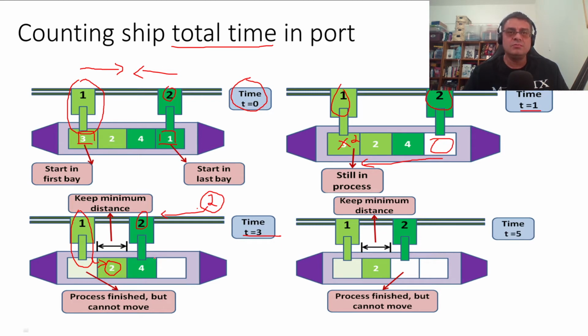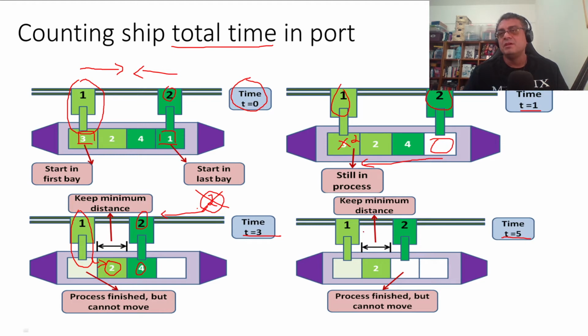It just has to stay. This quay crane ends here, and this one will end at this time. So we are not considering the time to move to another bay.